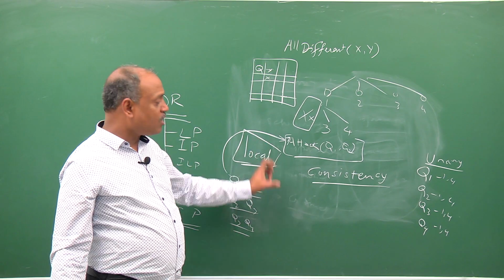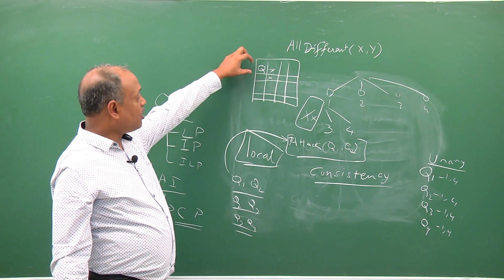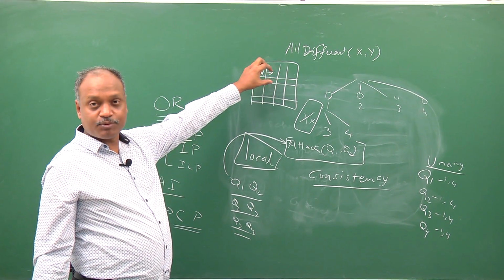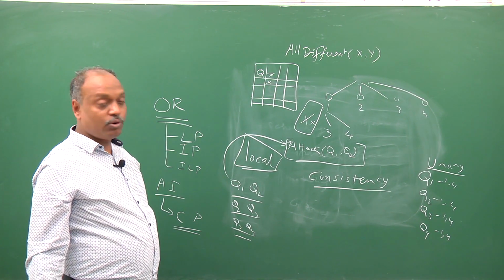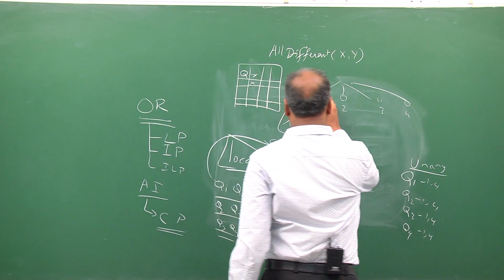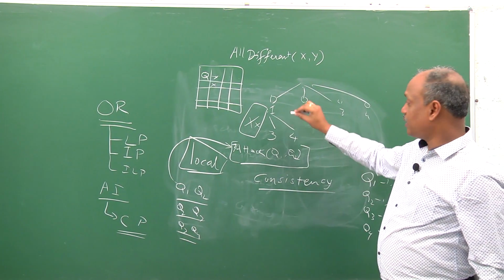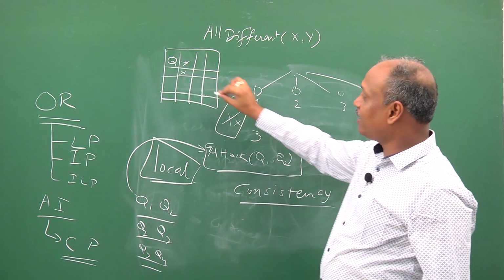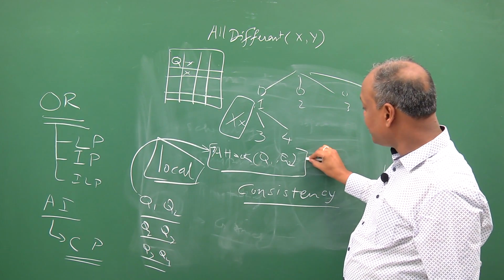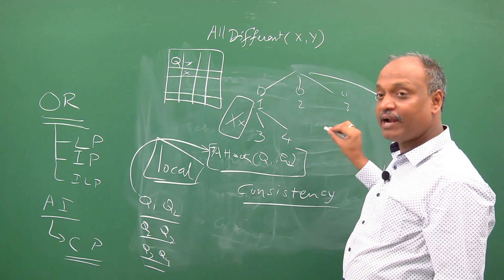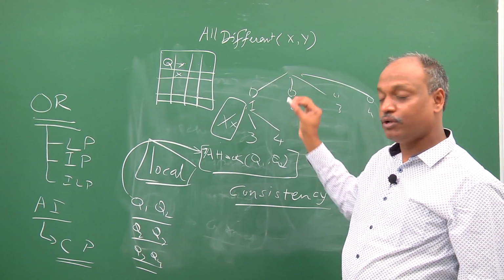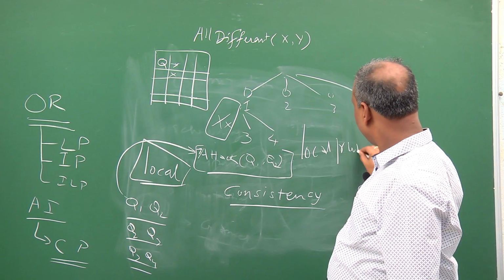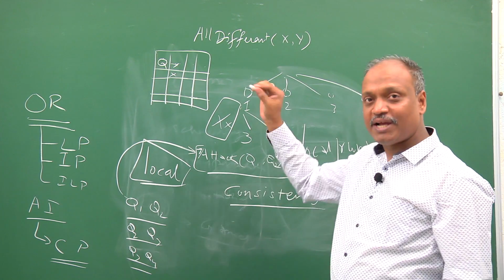Not attacking each other means they should not be on the same diagonal, the same row, or the same column. So whenever you look at a local behavior, let's say Q1 equal to 1 and Q2 equal to 2, you see that they are on the same diagonal. They are violating the attack constraint, and hence they will not contribute to a global solution. Therefore, you can do local pruning of the solution and thereby optimize the search space.